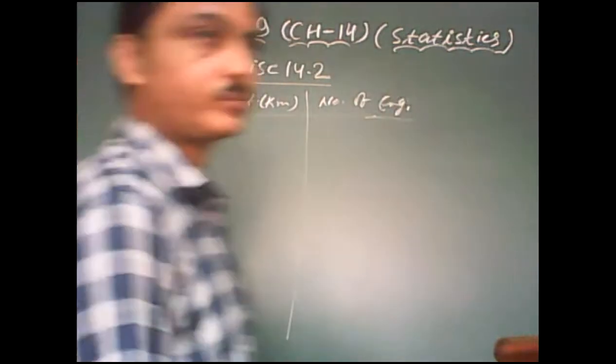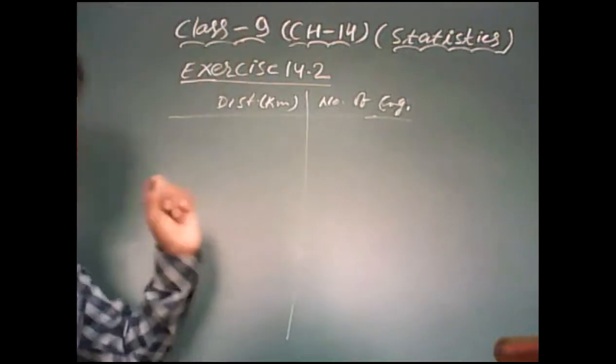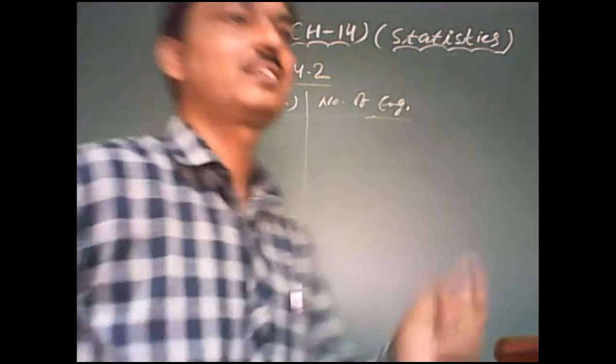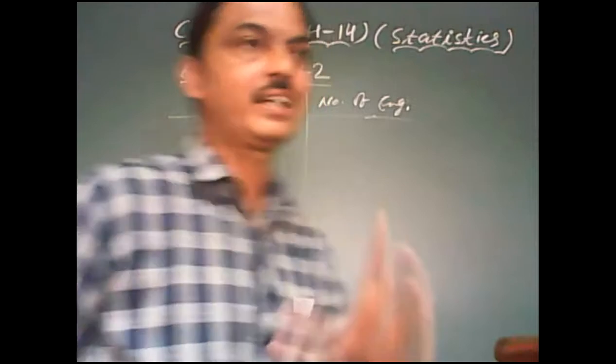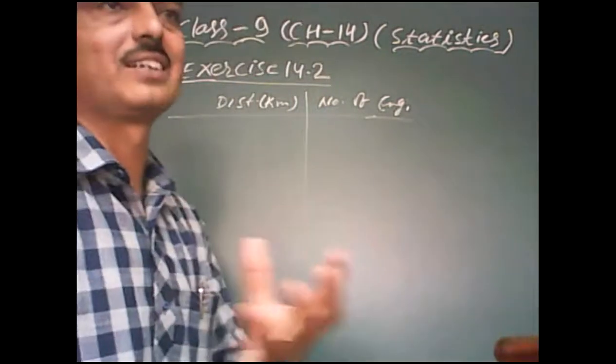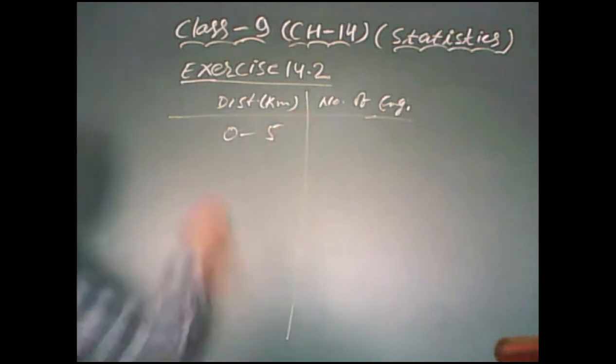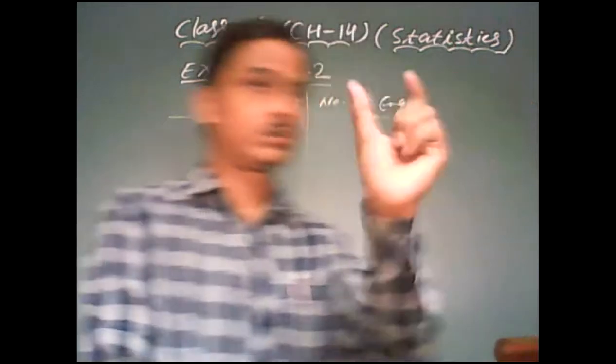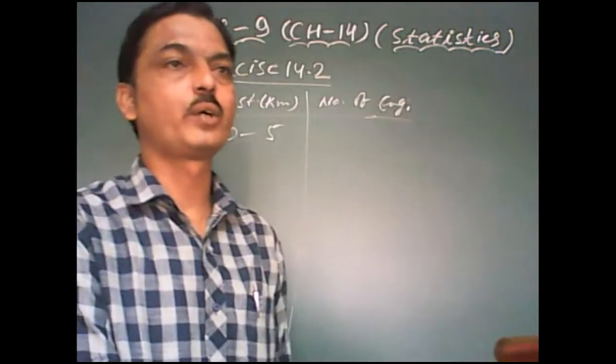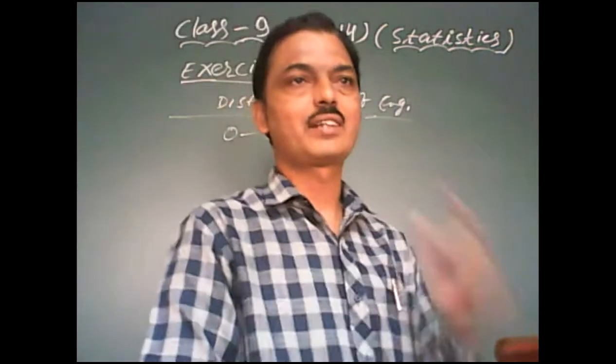Now, what is important here? It is given that the first interval is 0 to 5, right? What is the maximum value given here? Read the given data set. 32, right?